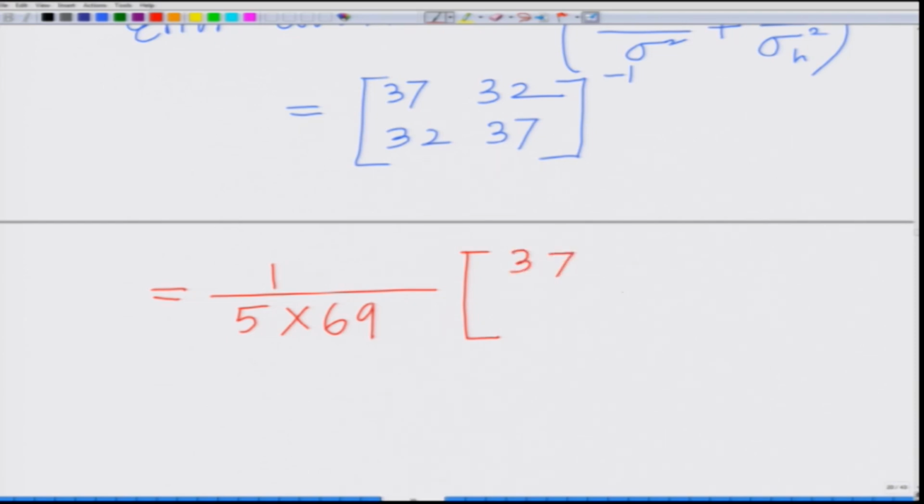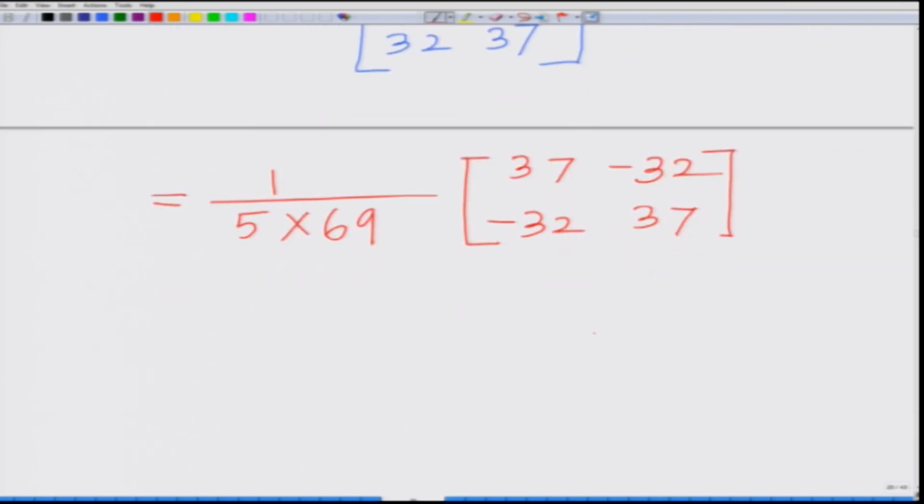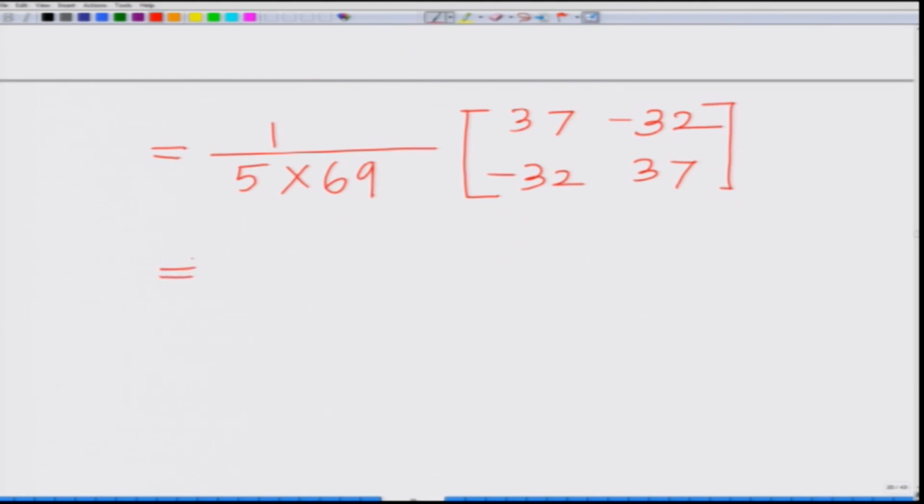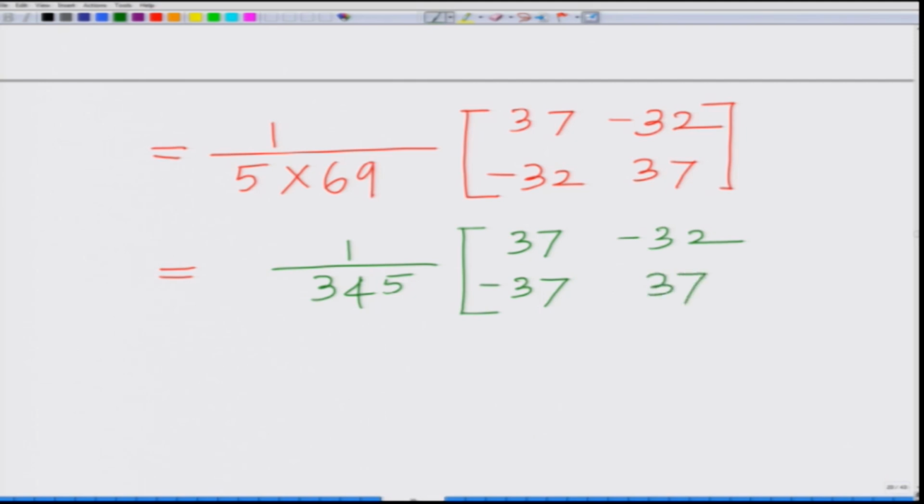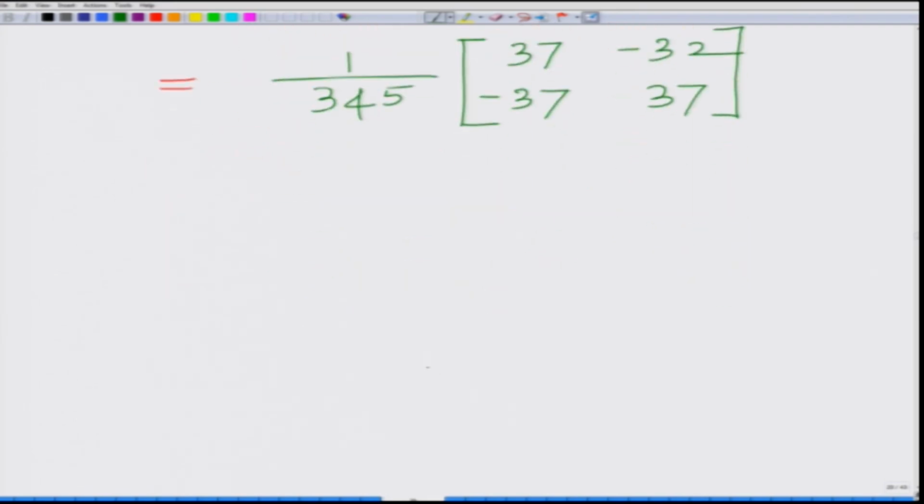Then swap the diagonal elements and negate the off diagonal elements, minus 32 minus 32; the diagonal elements are 37 37. Simplifying, this is 1 over 345 times the matrix 37 minus 32 minus 32 37.